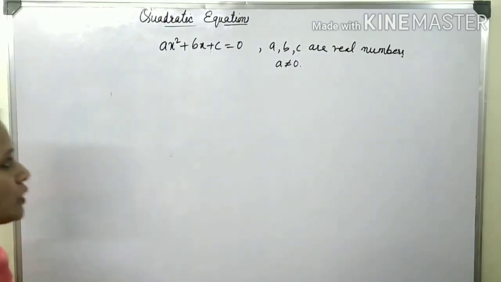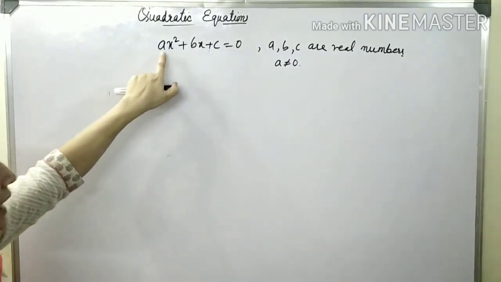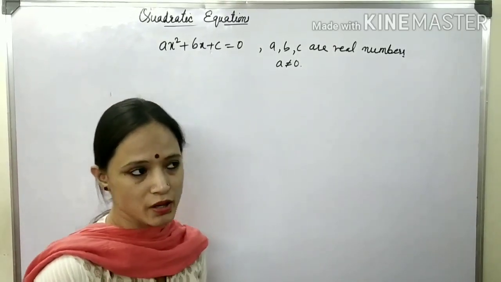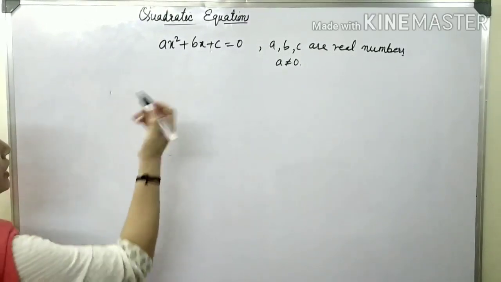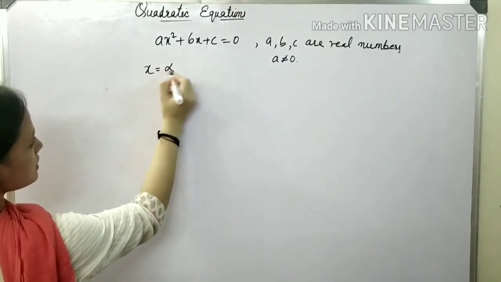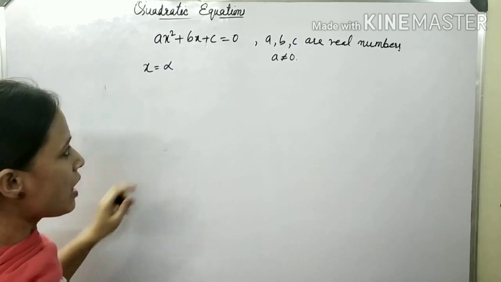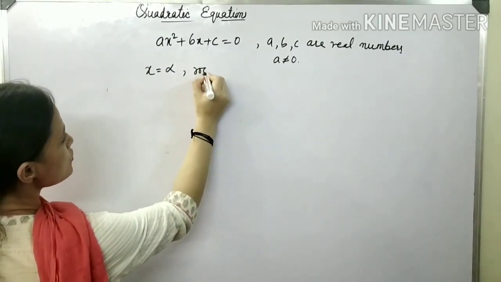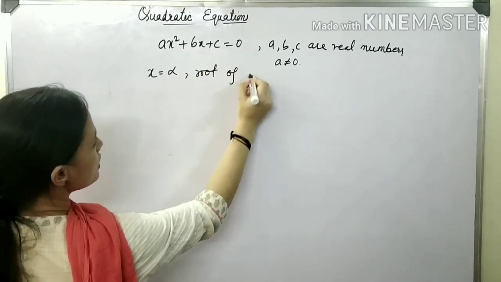So let us start. As I told you, ax square plus bx plus c is equal to 0 is the standard form of a quadratic equation. From here we also know that if I am getting the value of x, let us take it as alpha, this alpha is known as a root of the given equation.